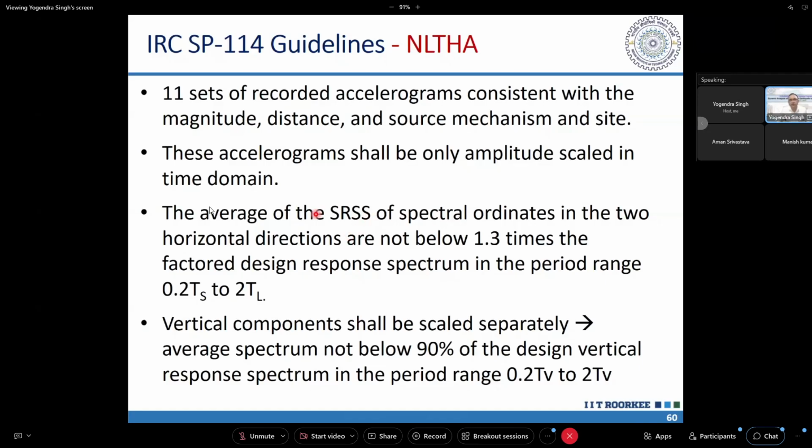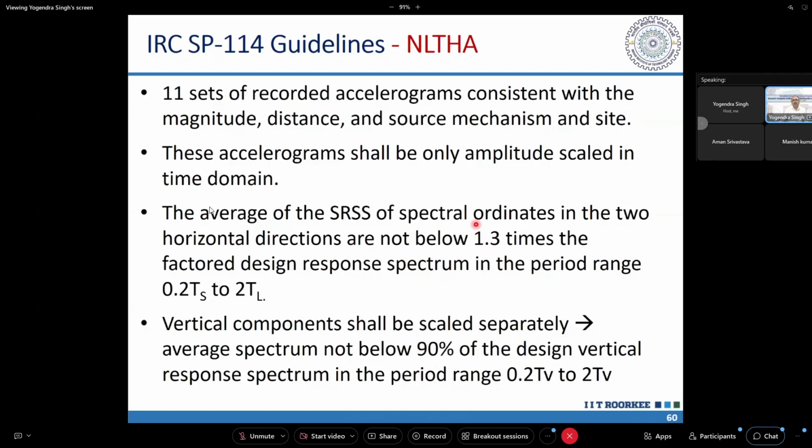So time domain scaling should be done in such a way that the SRSS, that is the combined response spectrum of two horizontal components, should not fall below 1.3 times the target response spectrum. The vertical response spectrum in a similar way will be scaled separately. It will not be combined. There we will not use SRSS. So vertical will be done separately in such a way that it should not fall below 90%.